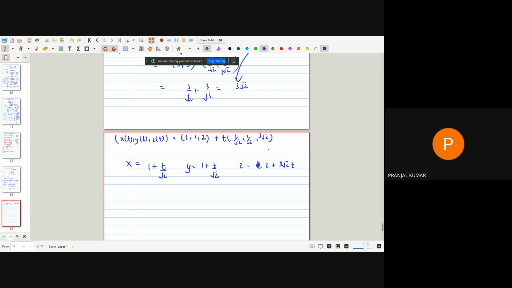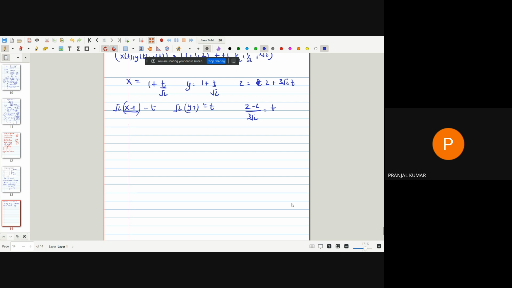So now what you have to do is express each of these variables in terms of t. So x minus 1 by square root 2 is equal to t. y minus 1 by square root 2 is equal to t. z minus 2 by 3 root 2 is equal to t.